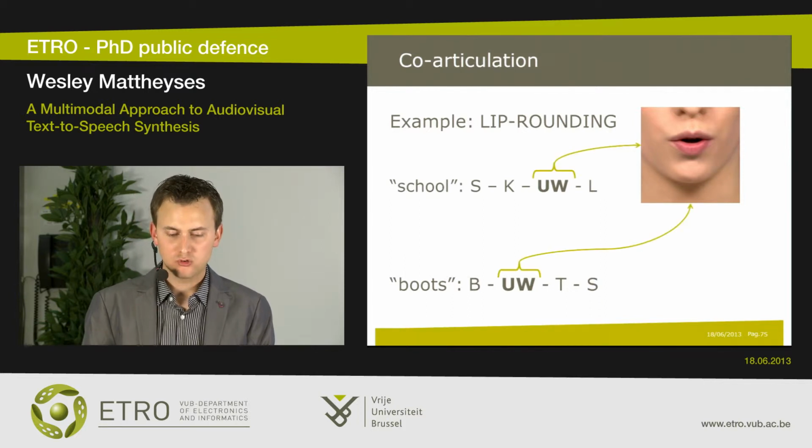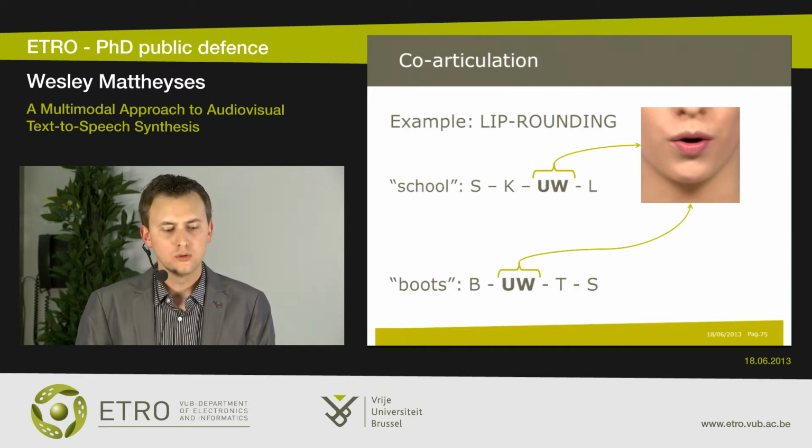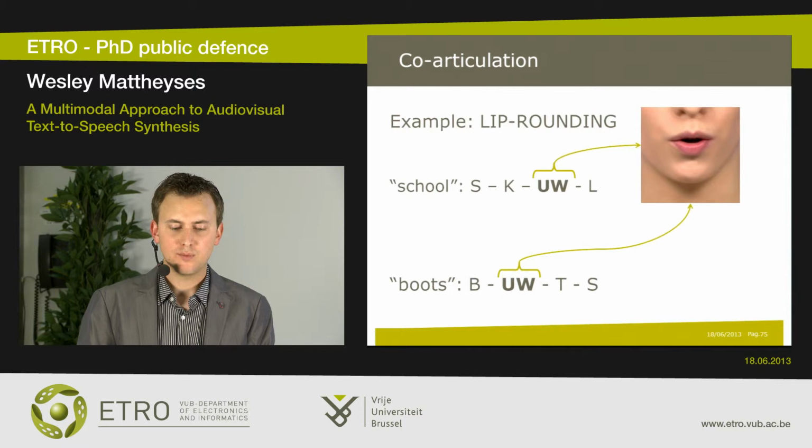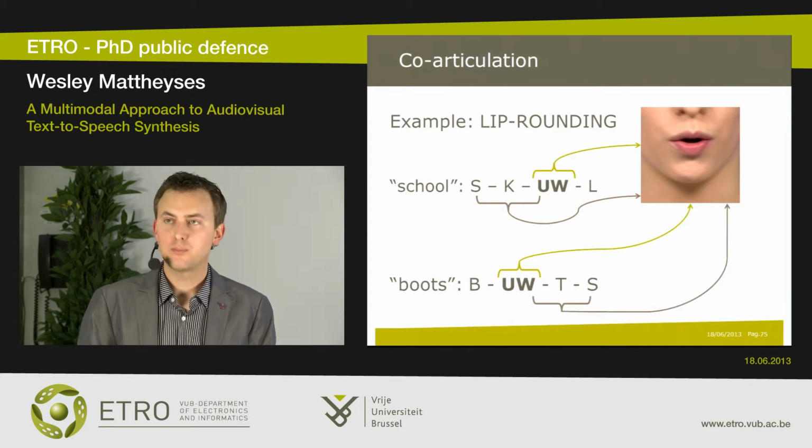Now, to utter the oo sound, you really need this lip rounding. But when you utter school, you already see lip rounding before the oo sound has started. And the other way around, when you utter boots, there is still some lip rounding after the oo sound has been uttered. And this is called coarticulation.